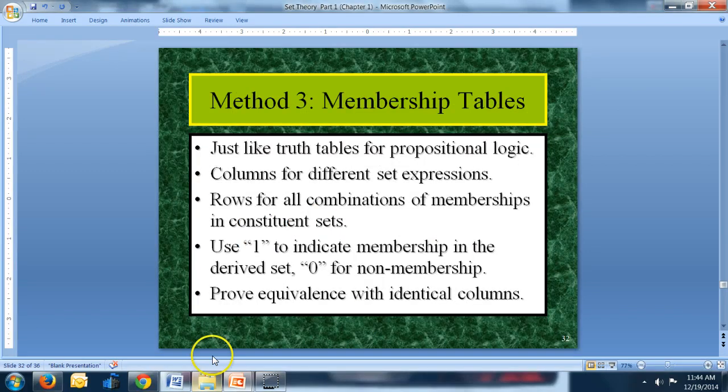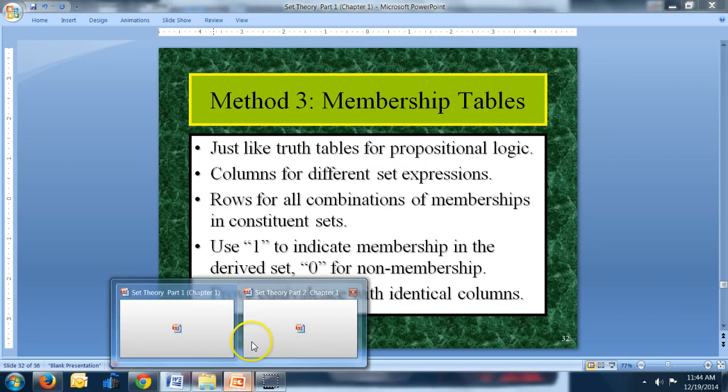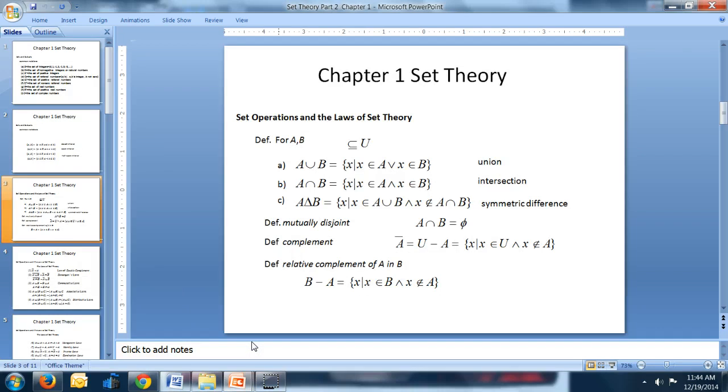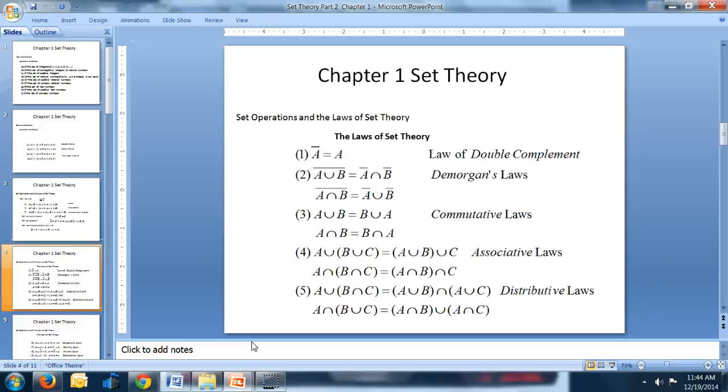Now let's move to more on union and intersection, and how we use them in some examples. However, we have covered some more identities in our book. I'm going to refer to them here, and we will continue with some examples.